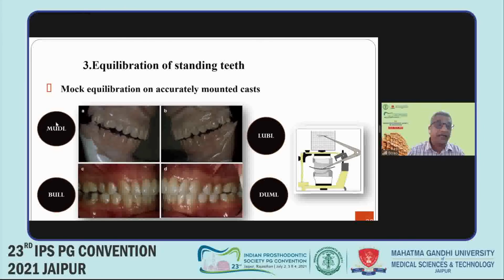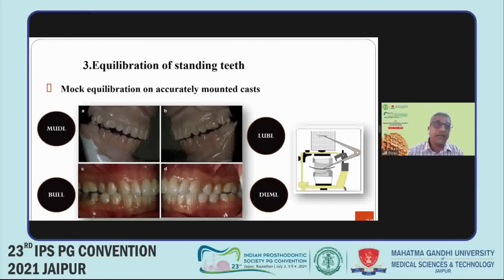That means you are correcting the interferences between the mesial upper and distal lower, and upper buccal, lower lingual, upper lingual, and then buccal lingual. This is how the interferences and alone-standing teeth can be reduced and removed so that you have a stabilized occlusion.